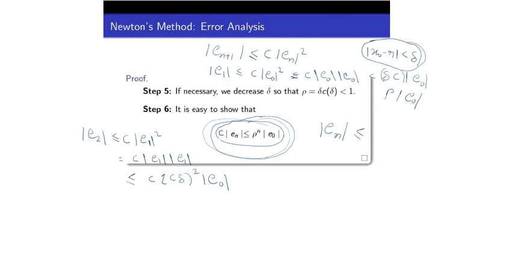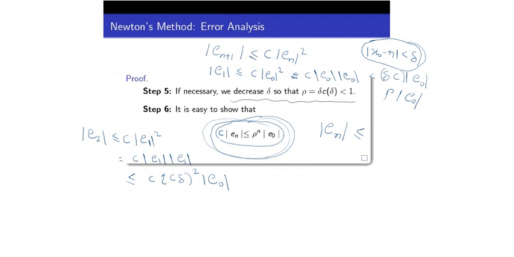So what we discussed, if necessary you decrease delta, so we call this quantity rho, delta times C of delta.